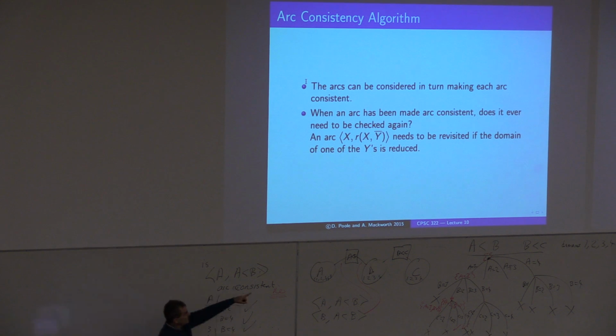This arc of x and r of xy needs to be revisited if the domain of one of the y's is reduced. Once it's been made arc consistent, it's going to remain arc consistent unless one of the y's has its domain reduced. And effectively, we're going to keep track of this, and revisit them only when this occurs.